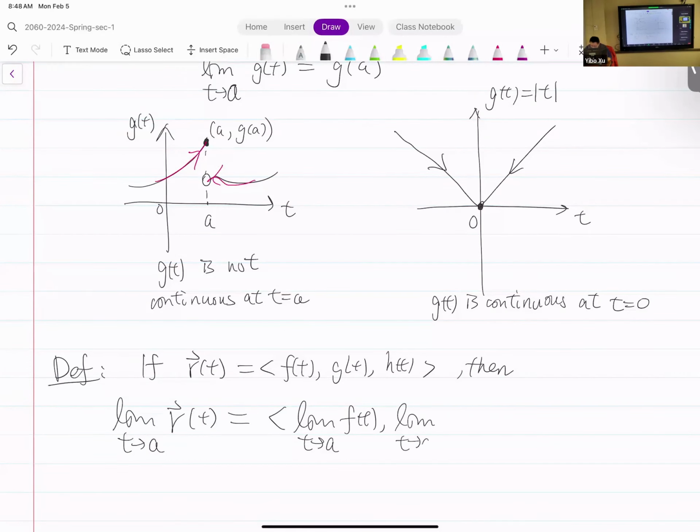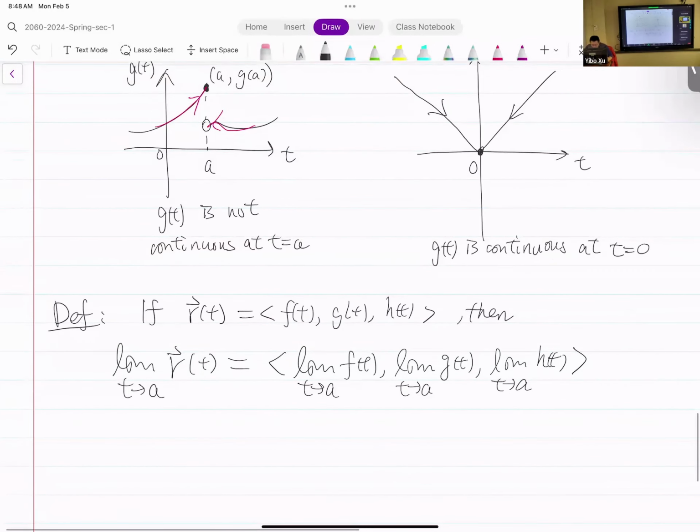So we just take the limit of every component respectively: f, g, h. Of course, when we are taking it component-wise, we don't want to switch the coordinates. So yeah, that's the definition here.